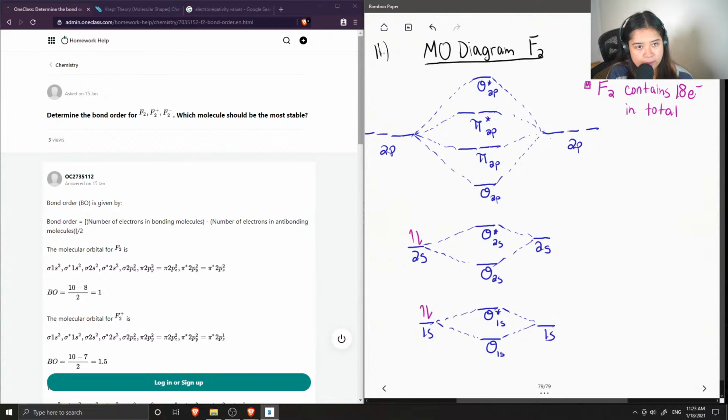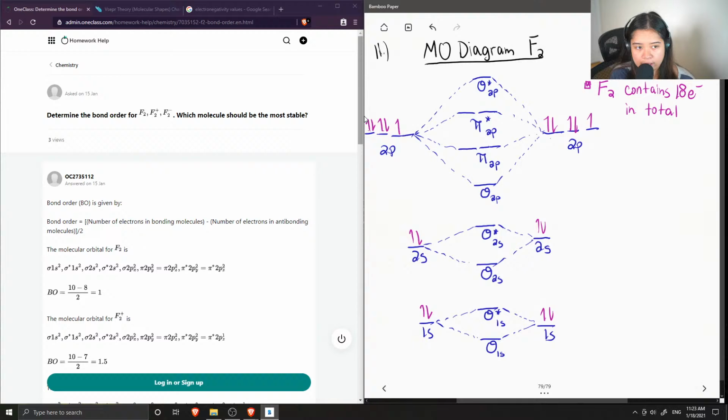And we have 1, 2, 3, 4, 5, 6, 7, 8, 9. So that's from one fluorine atom. And then for the second fluorine atom, I'll do the same thing. 1, 2, 3, 4, 5, 6, 7, 8, 9.